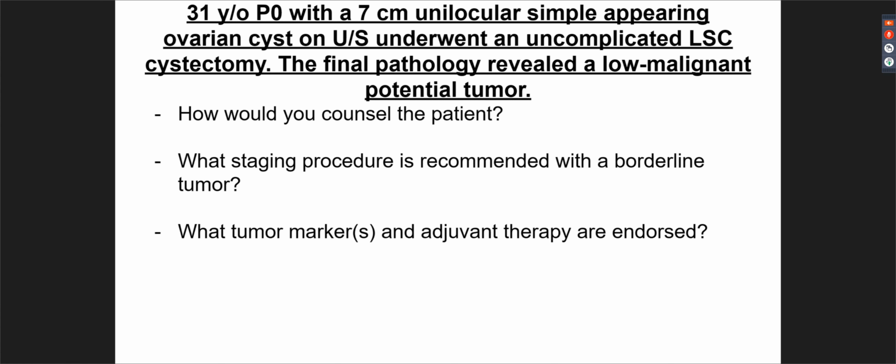And then I don't believe she would need adjuvant therapy for a low malignant potential tumor, but again, I'll have to double check that. So you don't think she will need any chemotherapy? I don't believe so for a low malignant potential tumor, no. However, I'm not sure, and I'll have to double check.